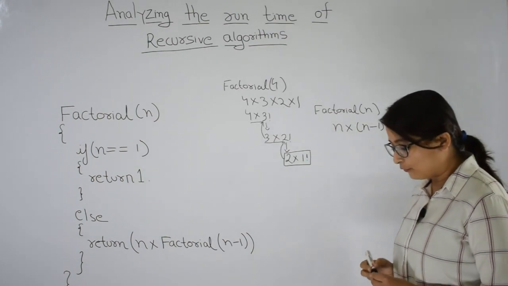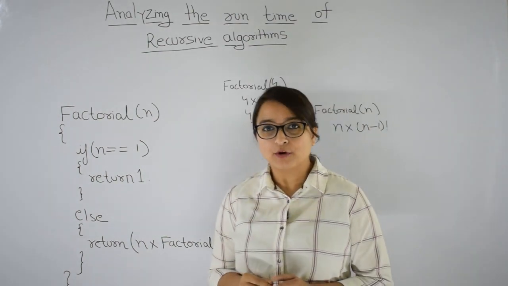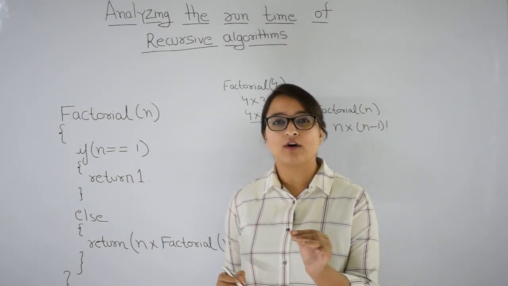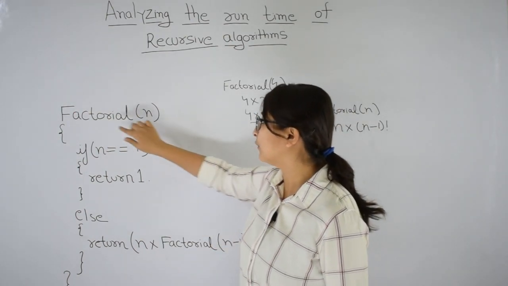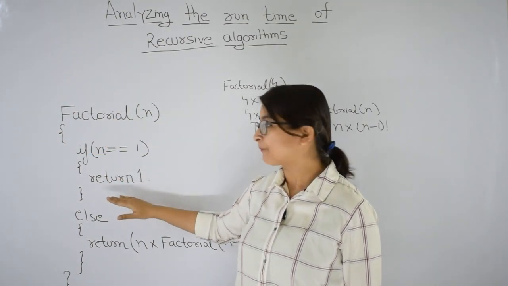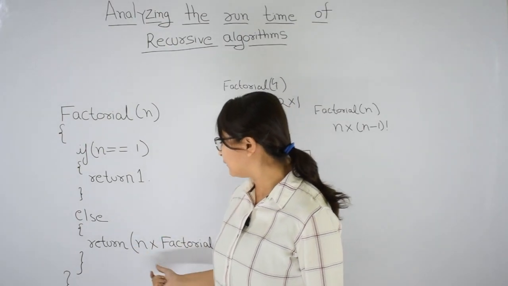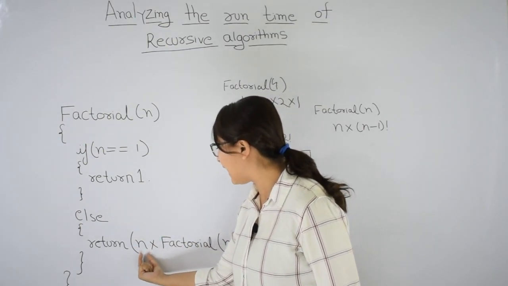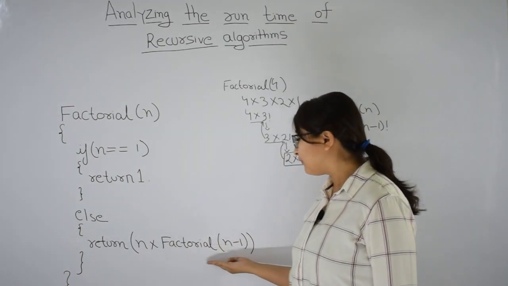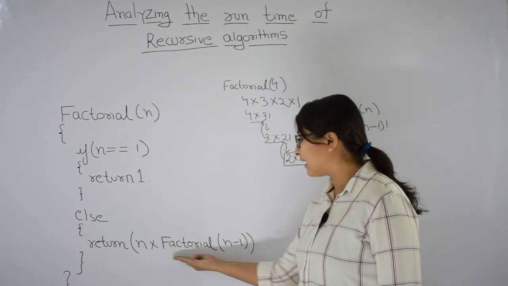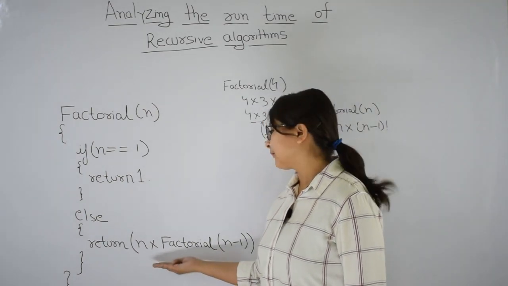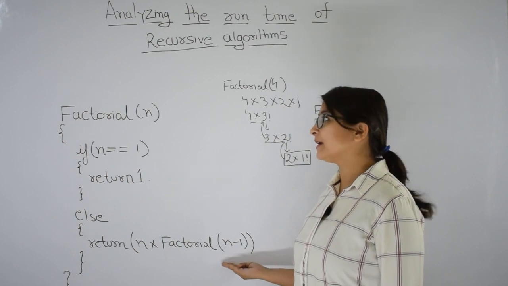So, if you have to write an algorithm for finding the factorial of n, how could you write it? You could say, factorial of n: if n is equal to 1, return 1. If n is not equal to 1, you will return n into factorial of n minus 1. Now, you are giving a call to factorial of n minus 1; it will be calculated and multiplied with n. How will you calculate factorial of n minus 1?